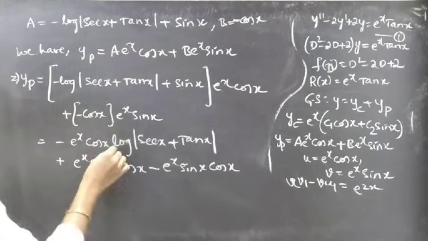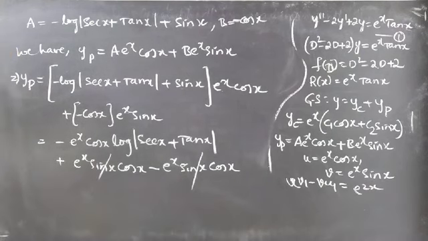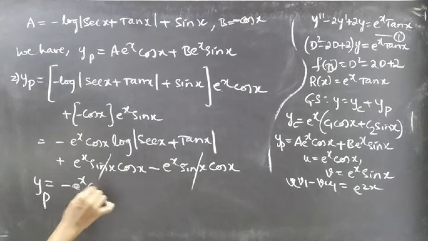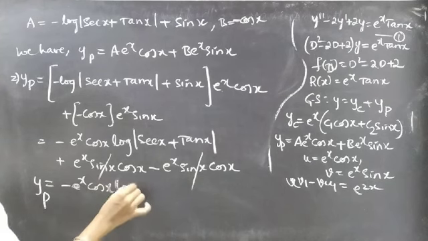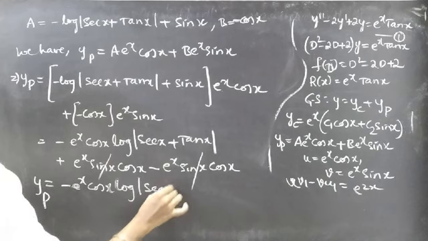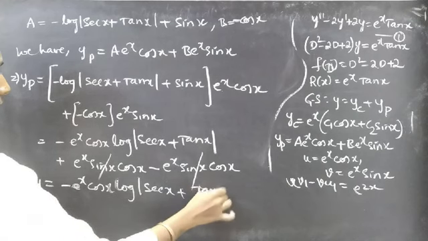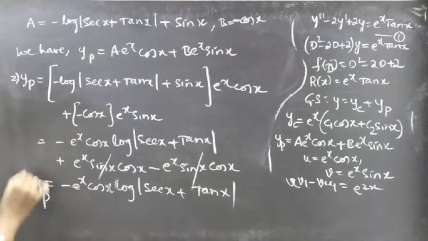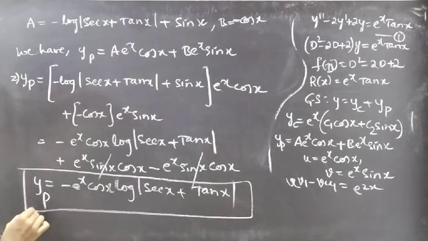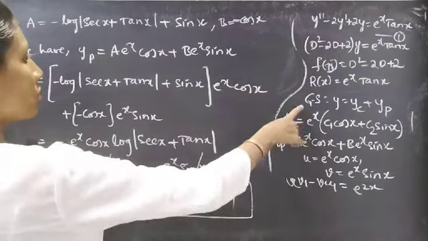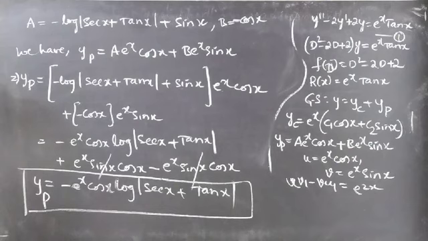So here plus e power x sin x cos x and minus e power x sin x cos x gets cancelled. This equals minus e power x cos x into log mod secant x plus tan x. So we got yp and already we have yc, so let's write the general solution using y equal to yc plus yp.